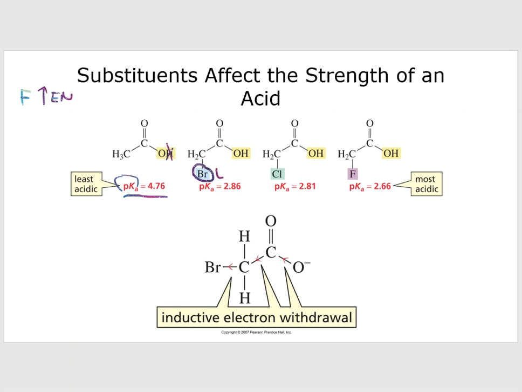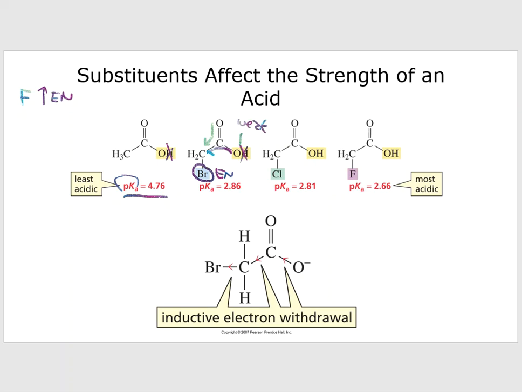So the bromine does have electronegativity value on it. The bromine, therefore, is electron greedy. So the bromine is sucking electrons toward it when it can. And because it's electron greedy, because it's an electron sucker, then this hydrogen bond becomes very weak.